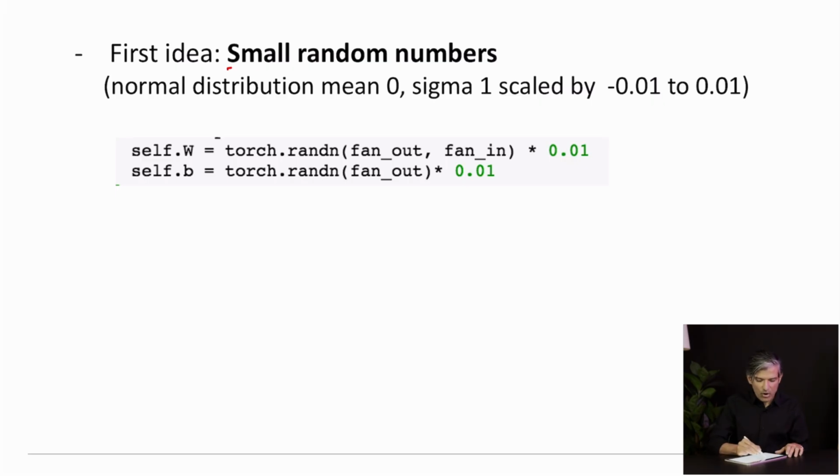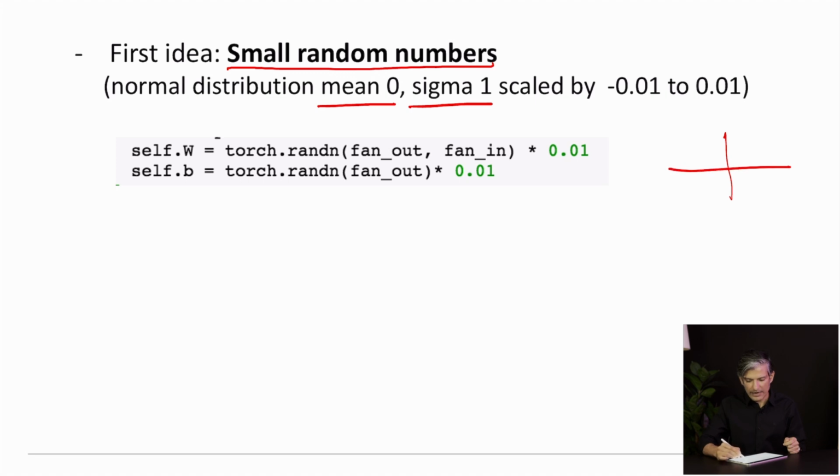Now let's try the other idea that we used in the assignment: very small random numbers. Let's say we sample from a small Gaussian with mean 0, sigma 1. You know what our Gaussian distribution looks like. It'll almost be 0 at say -3, because the 95 plus percentile happens at 3 sigma, and because sigma is 1, it will happen at -3 and +3, and we then scale it.